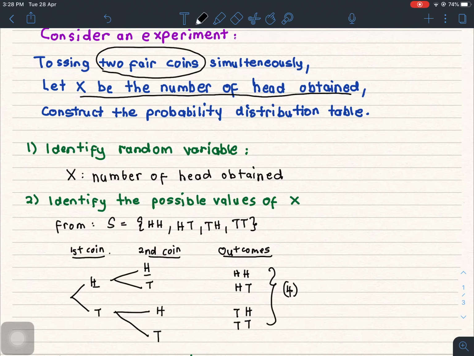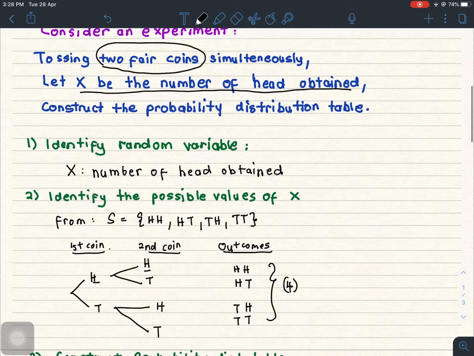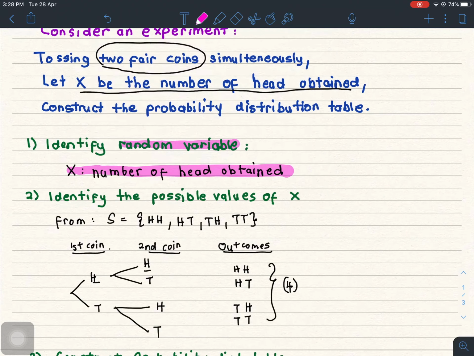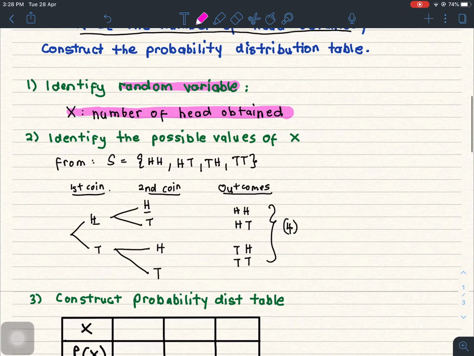Okay. Now again, ask yourself, what is your random variable? So x is your random variable, number of head obtained. So write it down. So how many head obtained? Now from the outcomes, let's look at the first outcome. Let's say head and head. How many heads are there? You might get x equivalent to 2 heads. Alright.